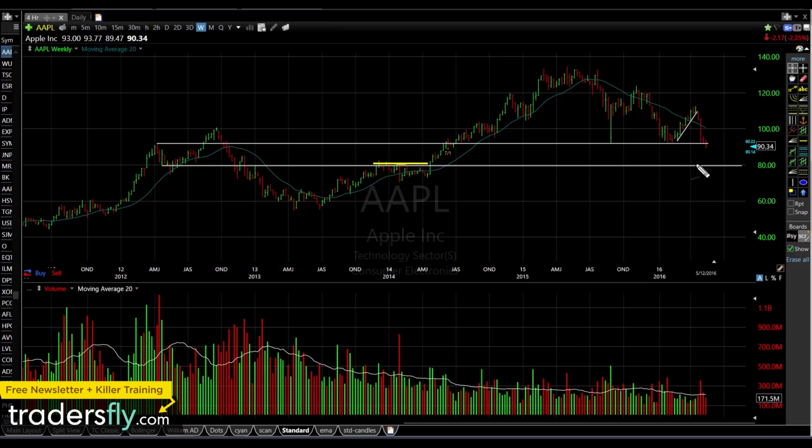So that would be a nice value play position, and you want to watch how it comes into this, because if it comes into this really slowly, like this, more than likely it'll bounce off of that level. If, on the other hand, it comes in and it starts coming in fast, more than likely it'll break through that level. And now you've got to reevaluate things, and maybe it'll get down to around the $60 level, because then you'll have to reevaluate what's going on and what's happening.